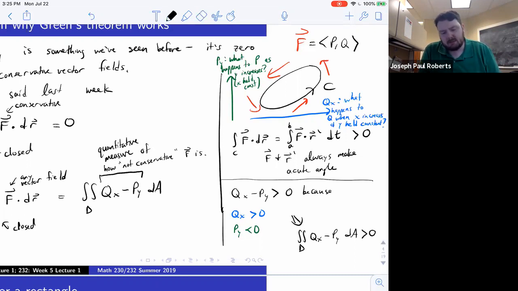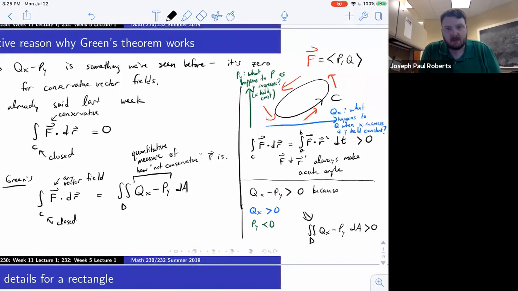And it's consistent with F and R prime making acute angles everywhere. You could do the same thing with clockwise swirling, and deduce that both sides of Green's theorem are negative numbers.